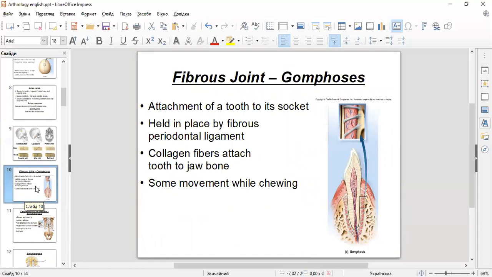Next type is gomphosis, attachment of a tooth to its socket, held in place by fibrous periodontal ligament. Collagen fibers attach tooth to jawbone to allow movement while chewing.